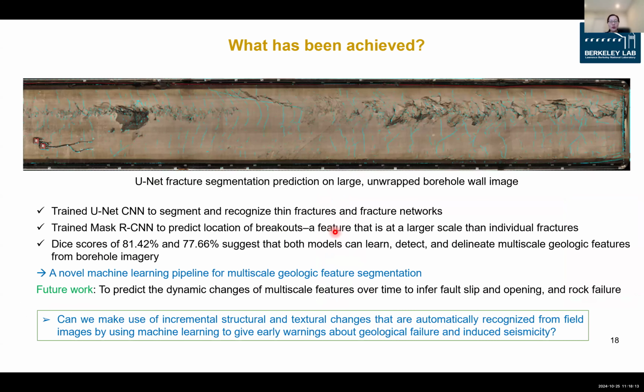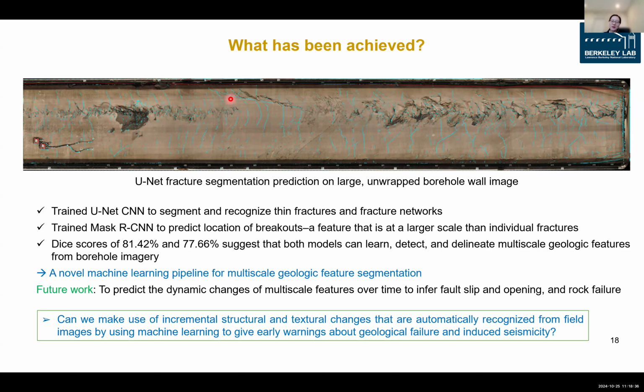And in addition, what has been achieved? This is a very long borehole wall. We see that individual fractures recognized using UNet have acceptable accuracy compared with those identified by an experienced field geologist, but some local features still need improvement.